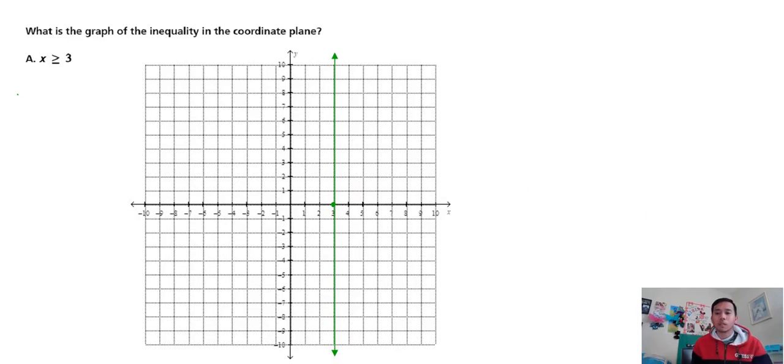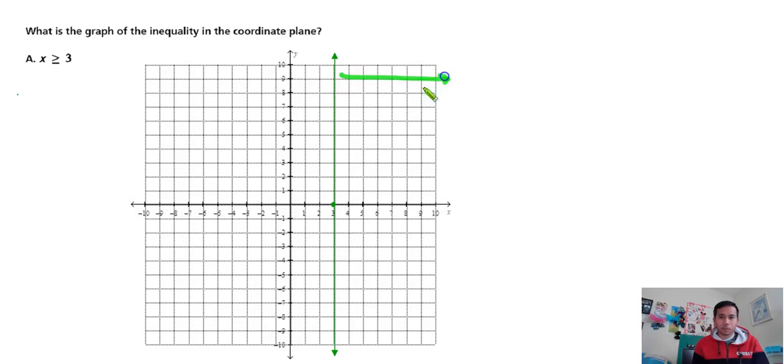And then the shaded part is, again, you can test (0, 0), but it says there x is greater than, so all of the numbers that are greater than 3, so the shaded region will be on the right side.